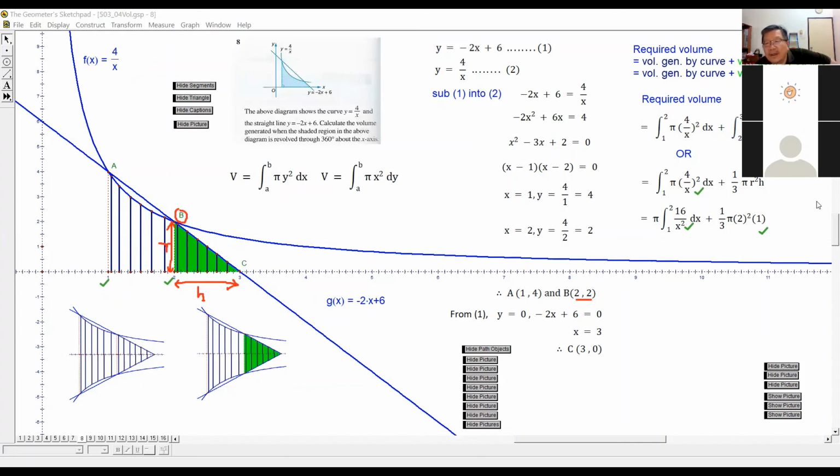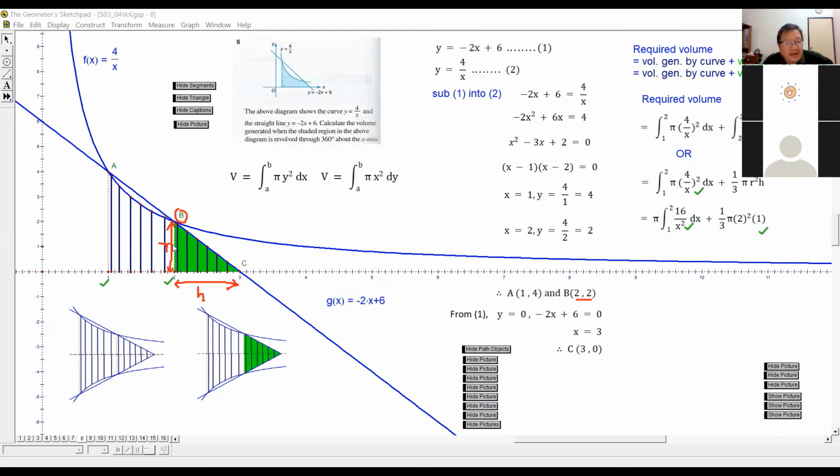So far, okay, can you follow? Can follow or not? The part which is under the curve is the first part.